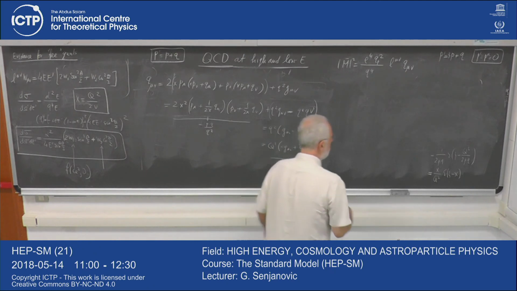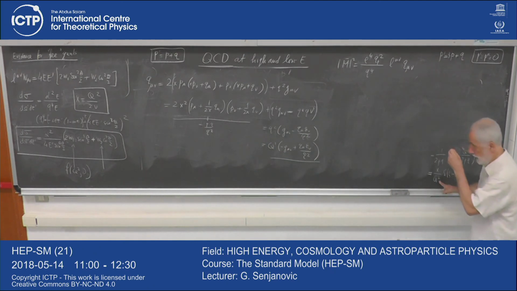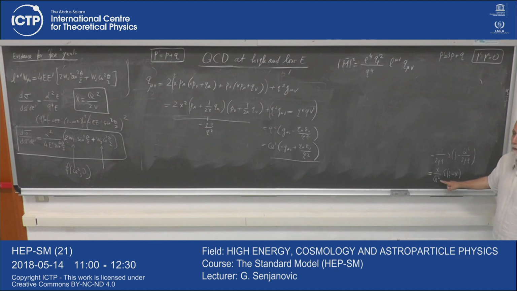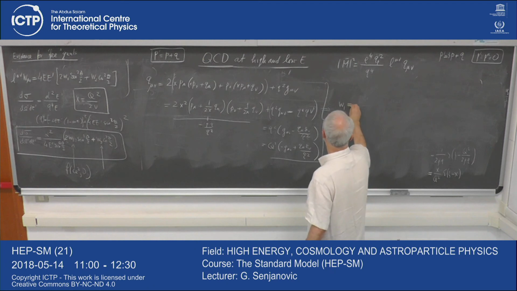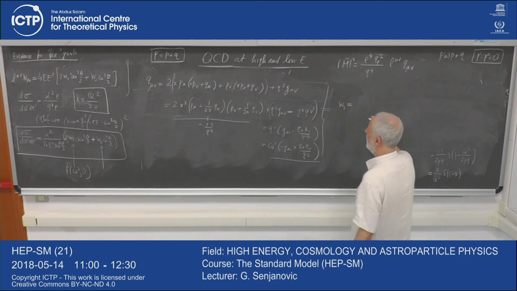Remember that there was 1 over q squared here. It came up when I integrate over p prime. I had this 1 over q squared. So from here you find out, please when you check, the W1, all we have to do is to normalize it.